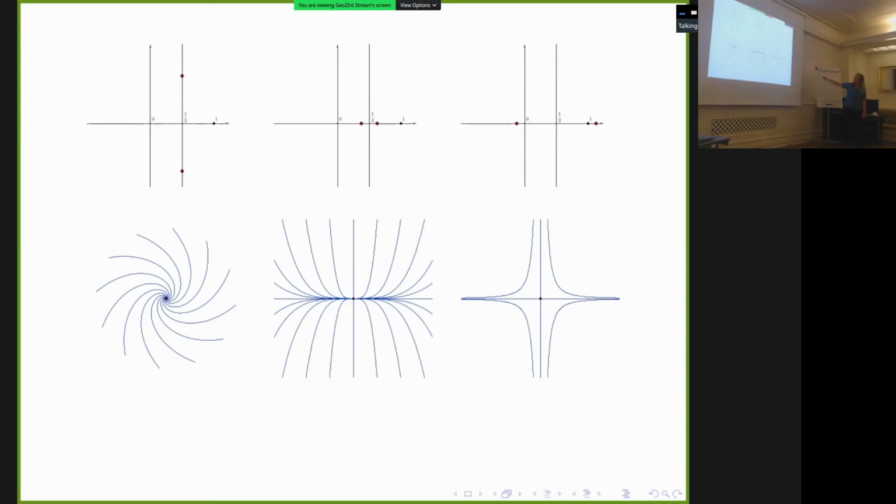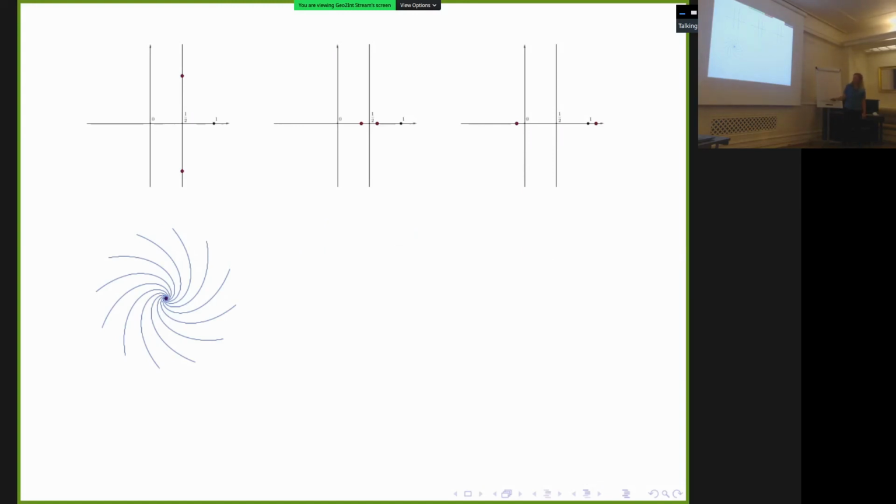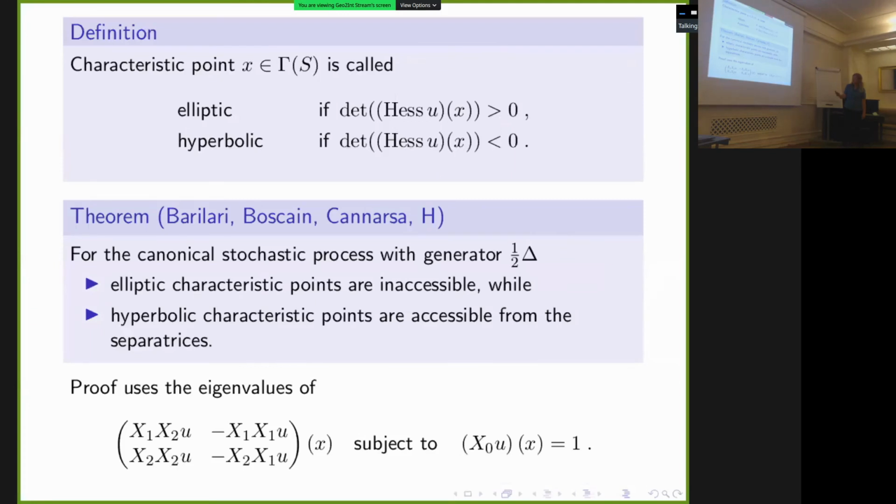And if you start on one of those separatrices, you can hit your characteristic point, which is different to the elliptic characteristic point. We thought it was nice because the stochastic process exhibits a phase transition exactly at the situation where you change from an elliptic to a hyperbolic characteristic point.